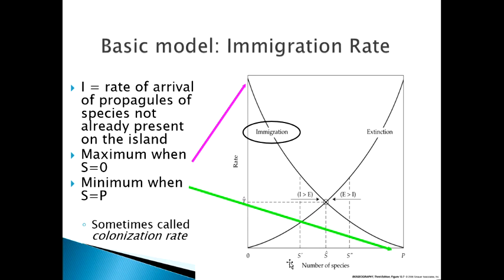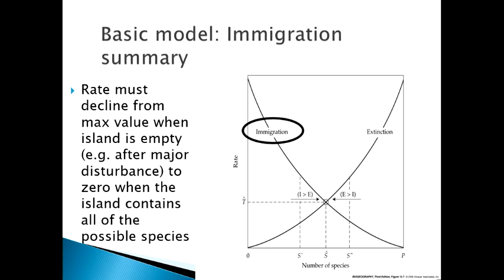Contrast that with the other end of the extreme here, P. P is where this immigration rate is at a minimum. Let's say this island does happen to have P. That same 100 species that were present on the mainland, they're also on that island. Well, then the immigration rate is 0, because anything that arrives will not be a representative of a new species. So this negative slope like this.